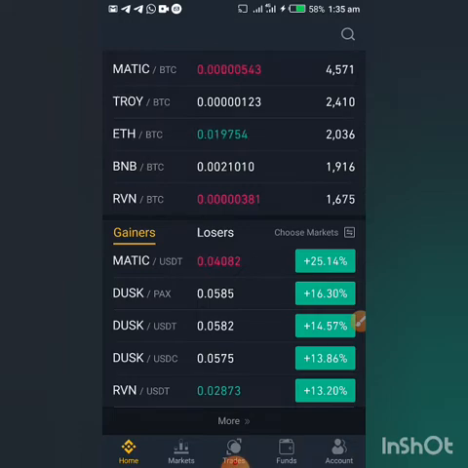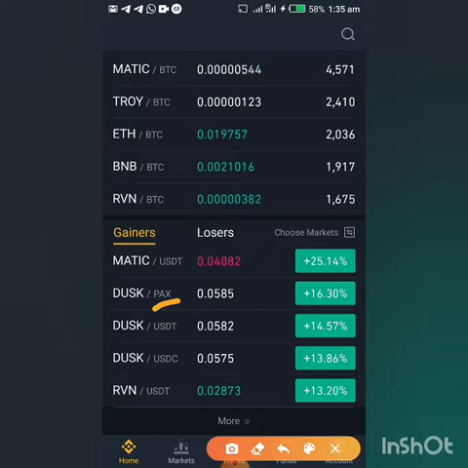Dusk has various markets. Here we can see markets such as Pax, USDT, USDC, and this one is for RVN and USDT. So these various markets are all representations of the various currencies on which the coin in question can be traded, because every coin has its own markets.